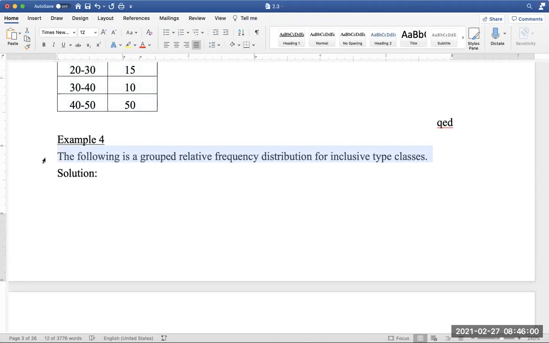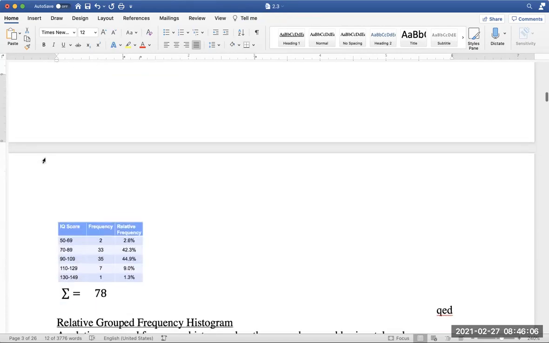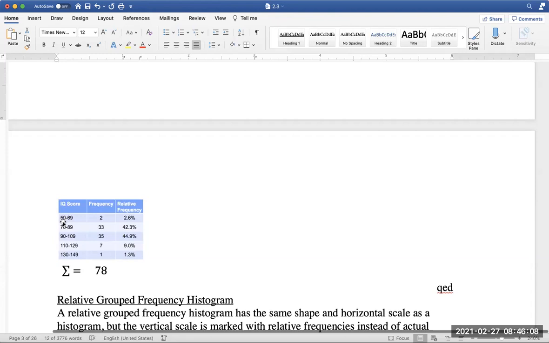The following is a grouped relative frequency distribution for inclusive type classes. So let's look at an inclusive type class. So I have here 50 to 69, which is 2, 70 to 89, 33, 90 to 109, 35, 110 to 129, 7, 130 to 149, 1.